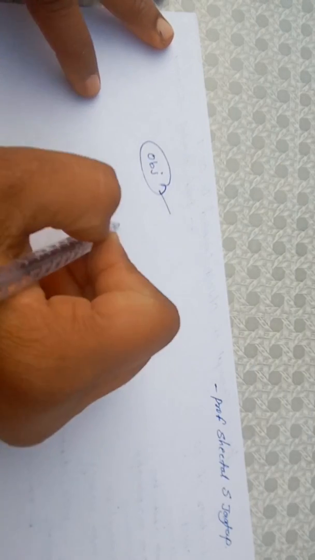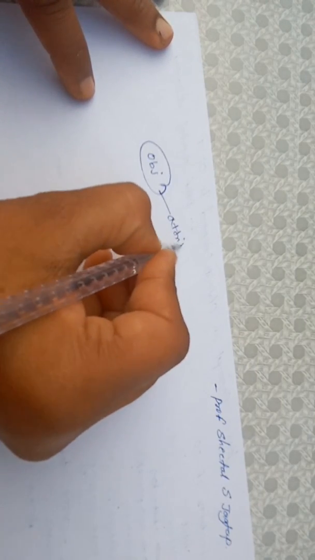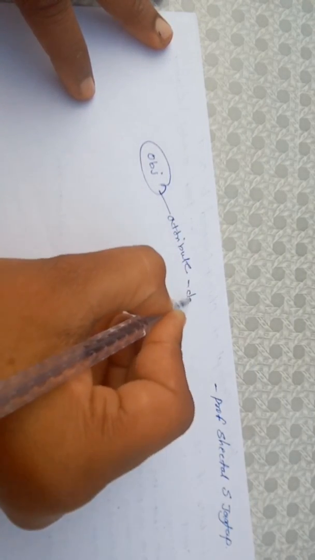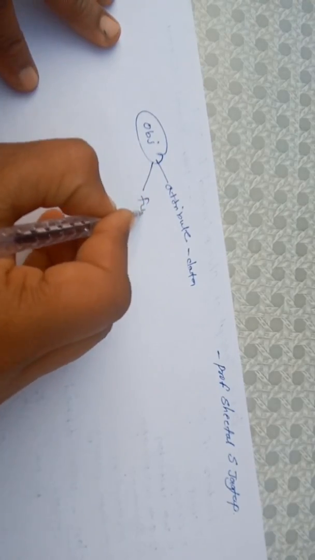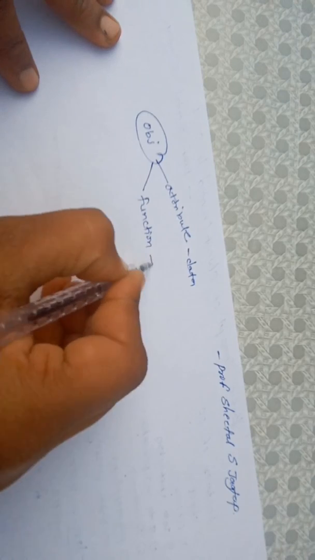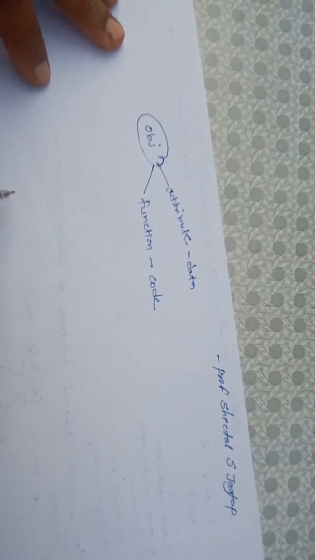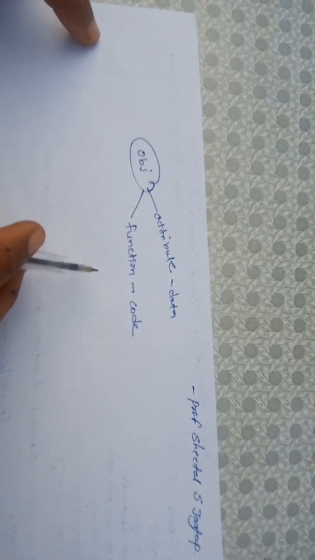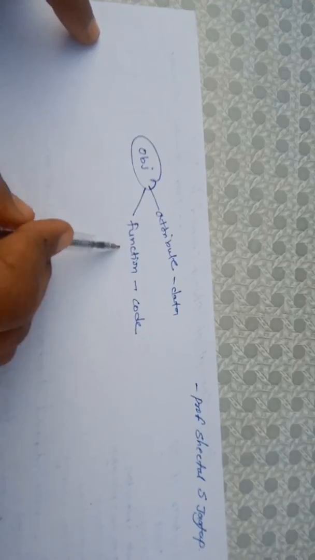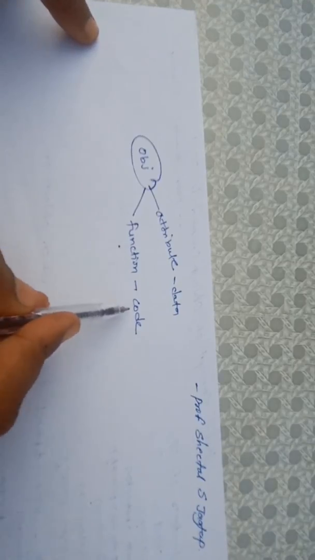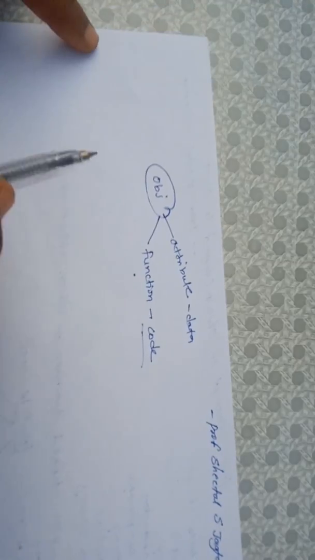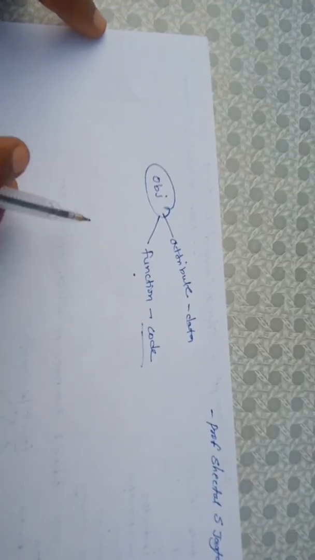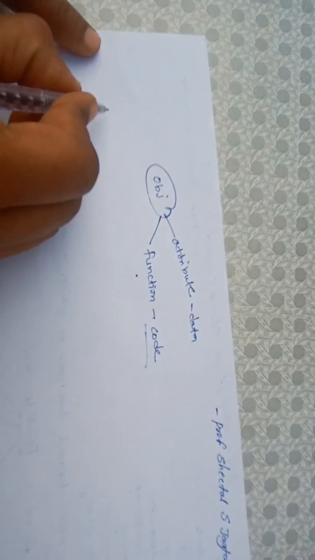Attributes are nothing but the data, and functions are nothing but the code. The data represents the attributes of the object and functions represent the behavior of that object. An object occupies space in memory whereas a class does not take any space in memory.